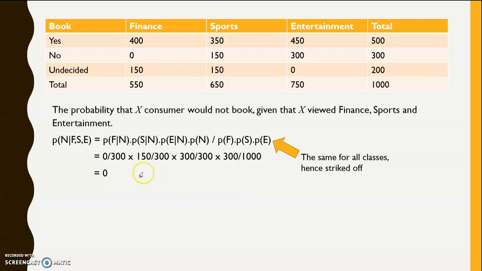The next thing that you need to do is to calculate the probability of a consumer not booking, given having viewed all these websites.